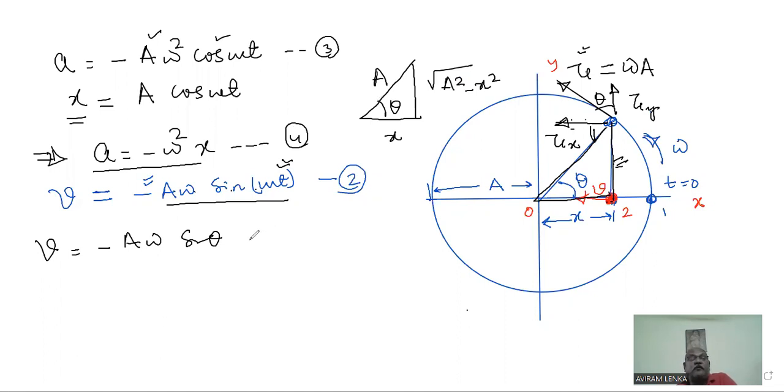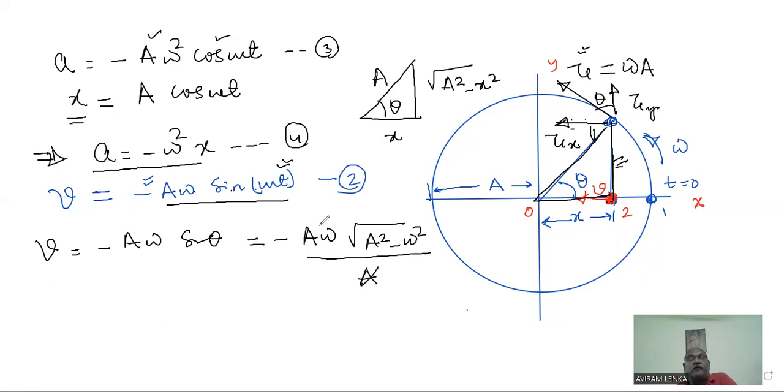So thereby we can write it as minus a omega sin theta. Sin theta in this case is root over a square minus x square divided by a.